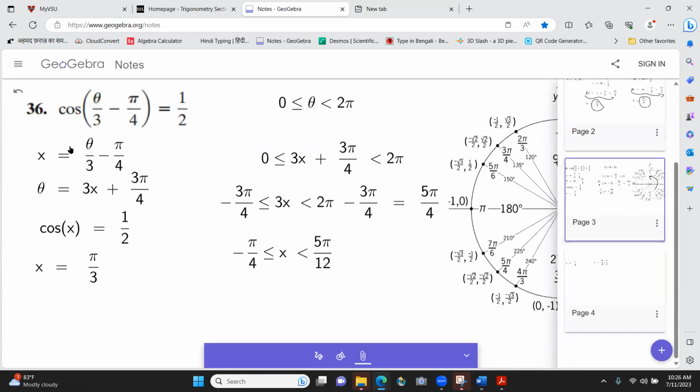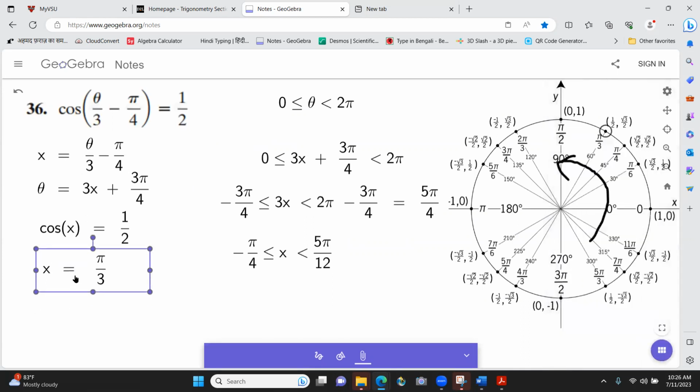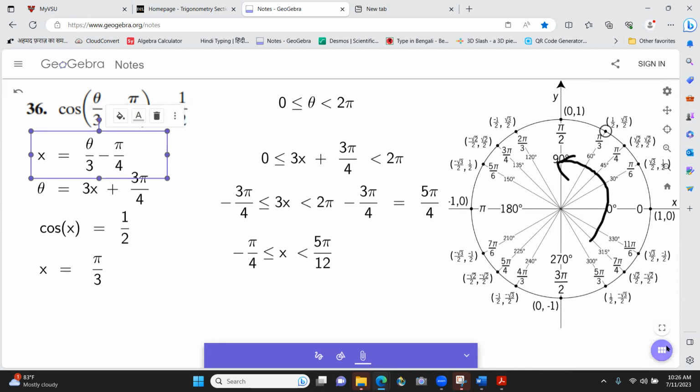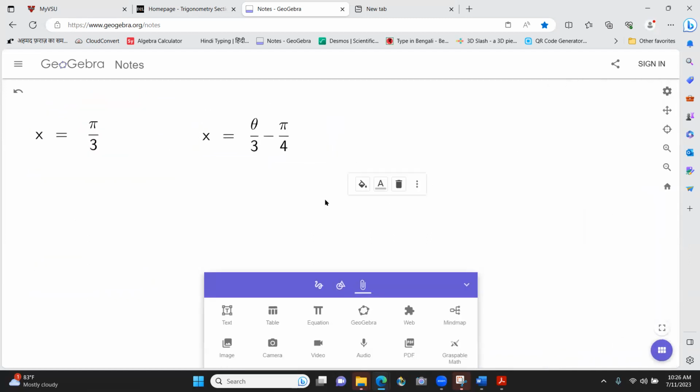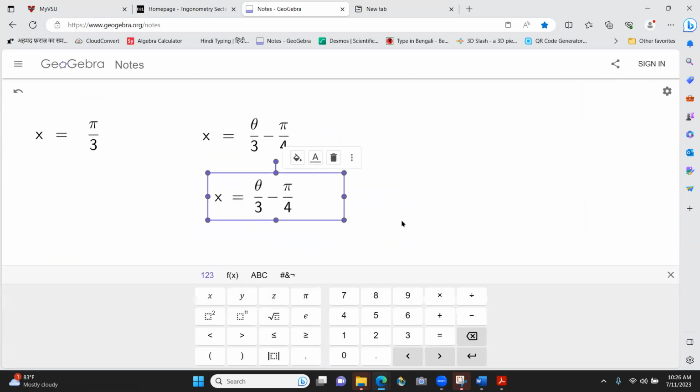We're working on number 36. X is pi over 3. That's what we calculated. Let me go back and check again. Cosine is positive half. That has to be pi over 3. Okay. And this guy is pi over 4. Okay, sounds good. Let's put pi over 3 here. I was grabbing pictures, slides from a different problem.